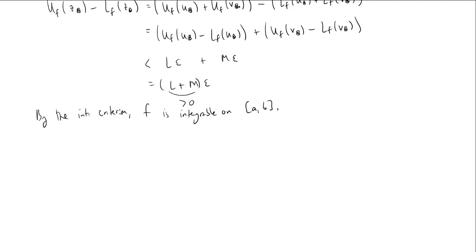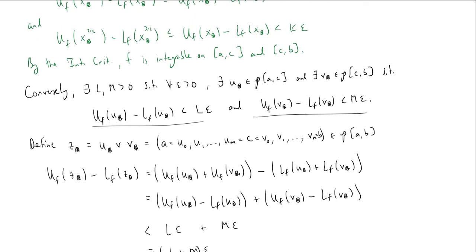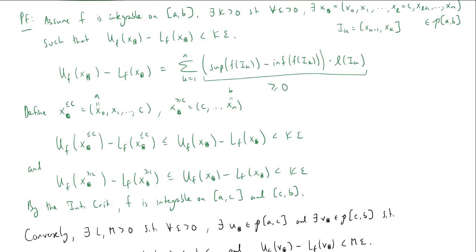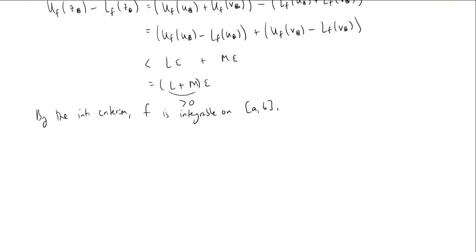So we're going to keep all the notation that we had in the first half of the proof. This X will be a partition for AB. We have the less than or equal to if we need that. Okay, so here we go. Now let epsilon be greater than 0. Wait, why? We're trying to show two things are equal.